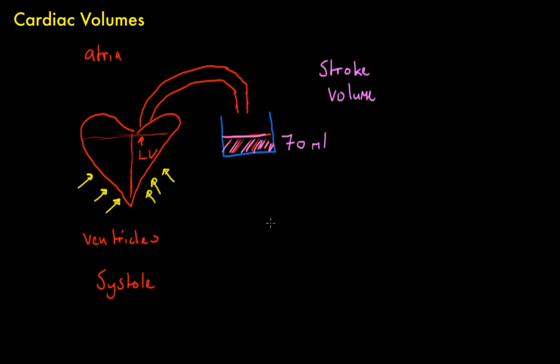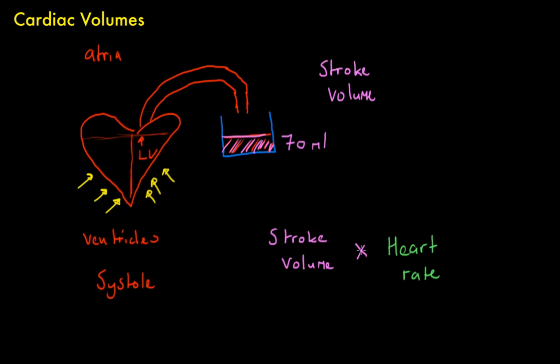So what then happens if we take our stroke volume, which is the amount of blood that leaves, in this case, the left ventricle each time it contracts, and multiply that by the number of times the heart pumps per minute? We call that our heart rate.